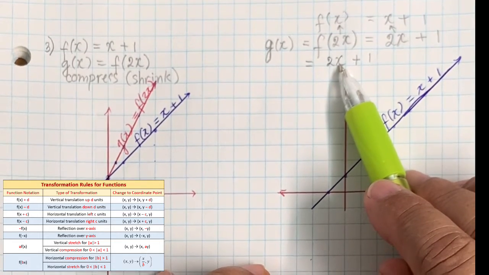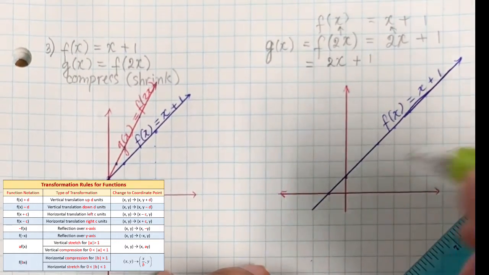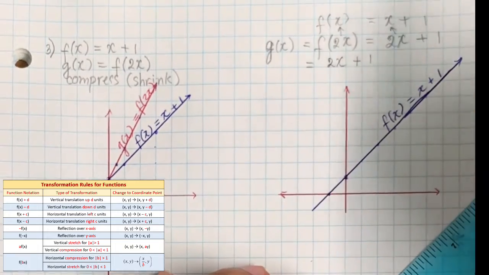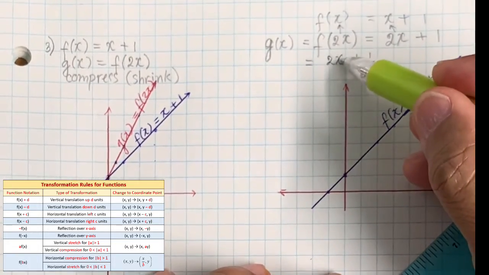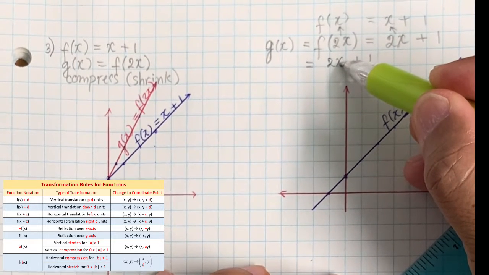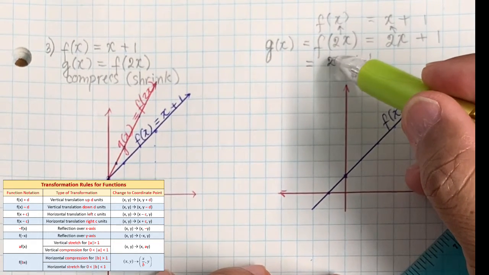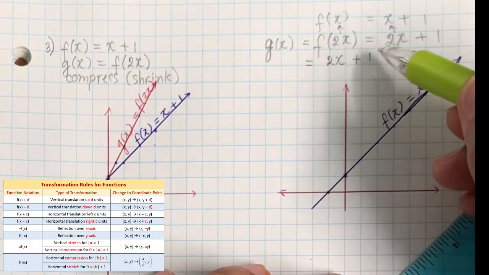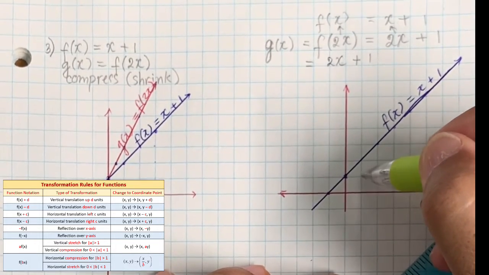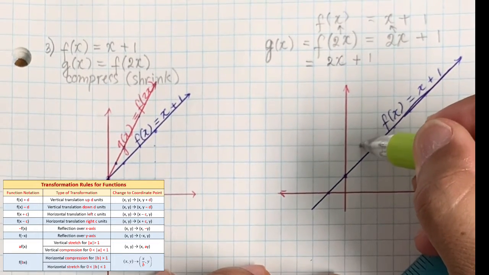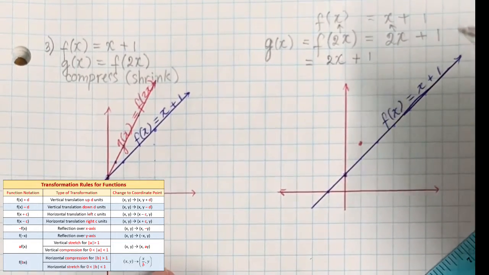When x is 0, g of x is 1, so it's right here. Okay. Now, when x is 1, then 2 times 1 is 2, plus 1 is 3. So it's right here. You see? Right?